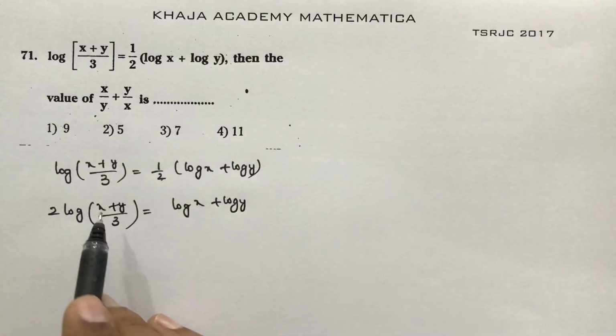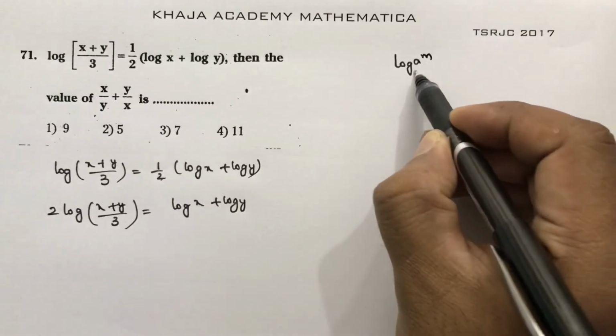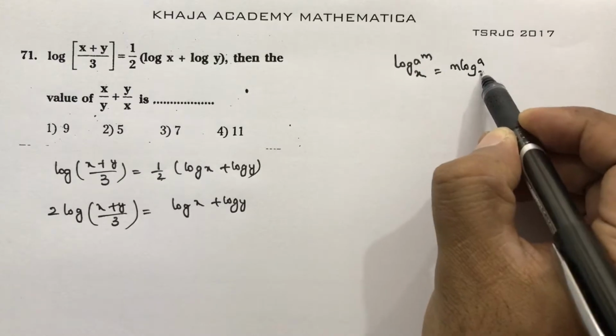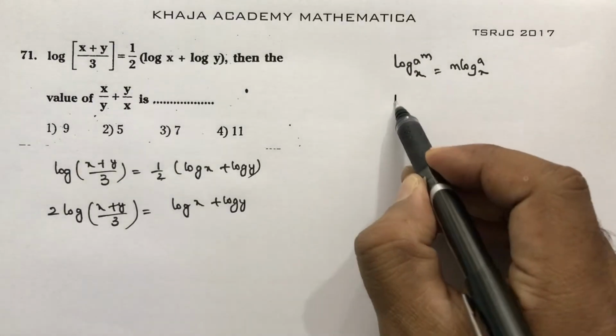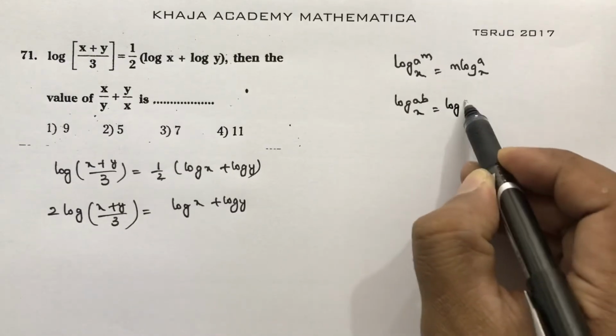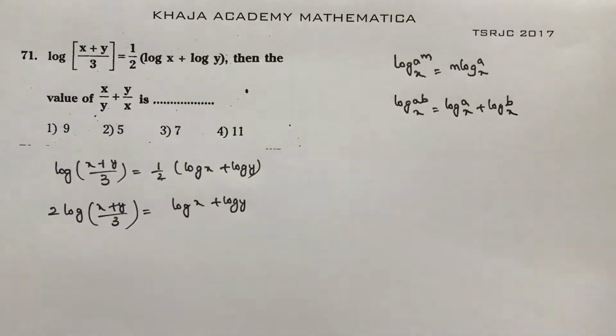Here I'll use the logarithm of power: log a to the power of m to the base x equals m log a to the base x, and the logarithm of product: log ab to the base x equals log a to the base x plus log b to the base x.